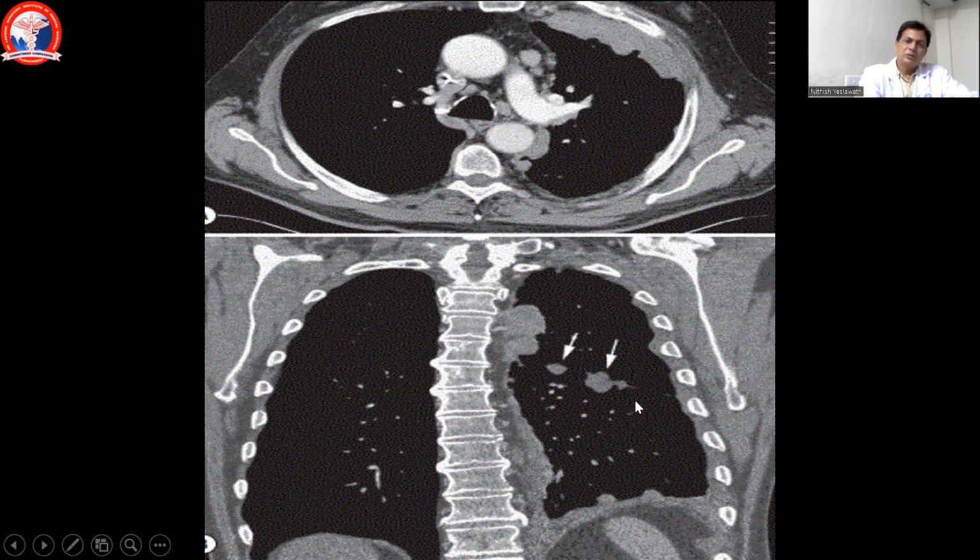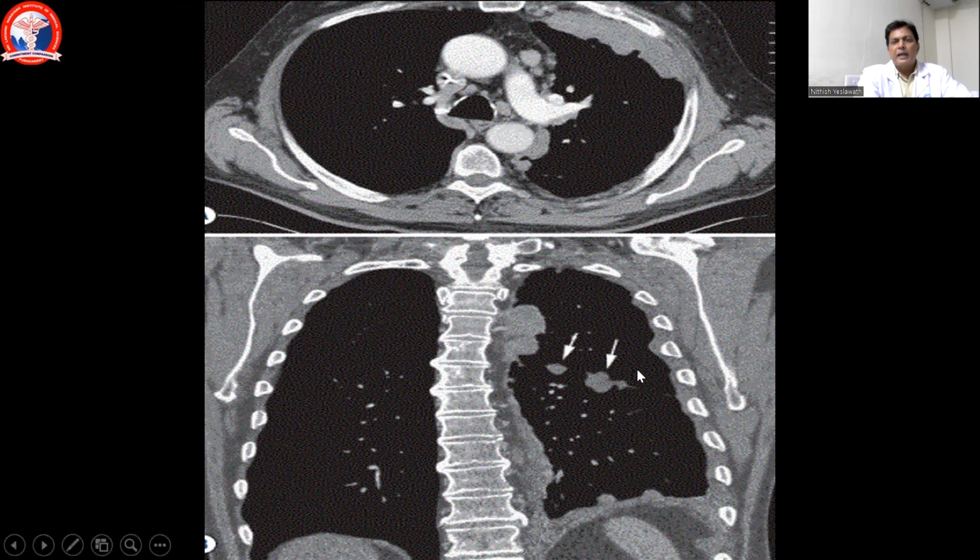On this coronal image, other important findings are also seen. The mediastinal pleura also shows thickening, and along the diaphragm the pleura also shows nodular thickening.